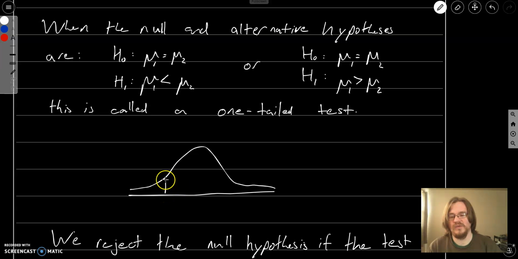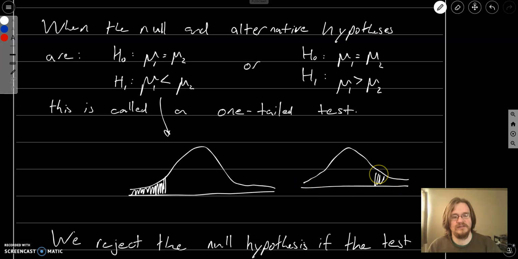So when we look at our normal distribution or t-distribution, what we're testing is does the data from the sample seem unusual, and if we're just looking to see if one is bigger than the other one, we are looking at a tail that happens either far to the left for this one, or for the other one, we're looking at a tail far to the right.